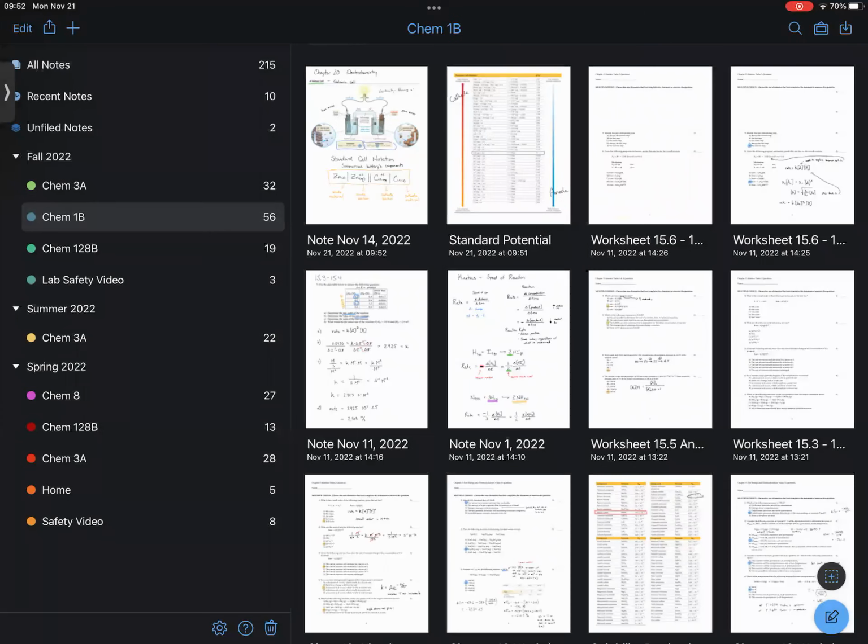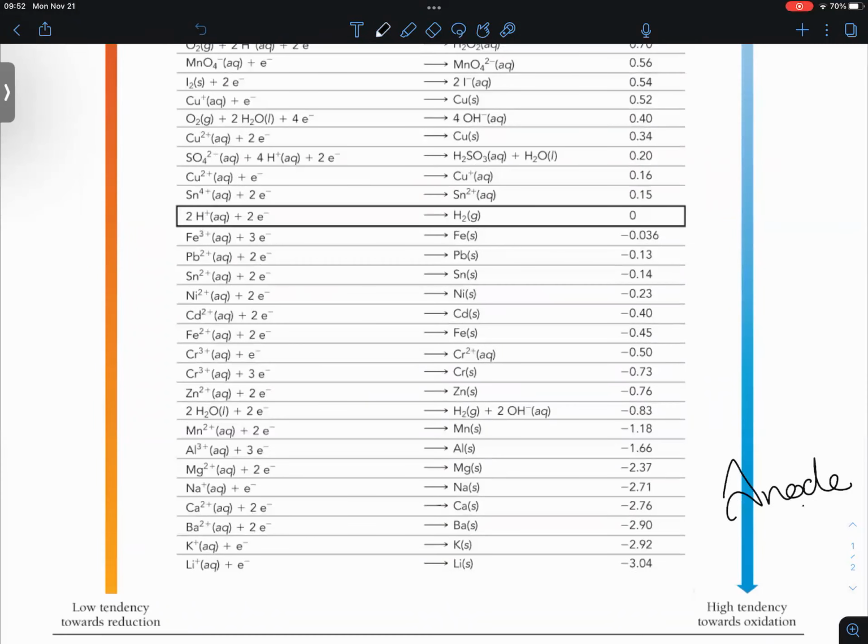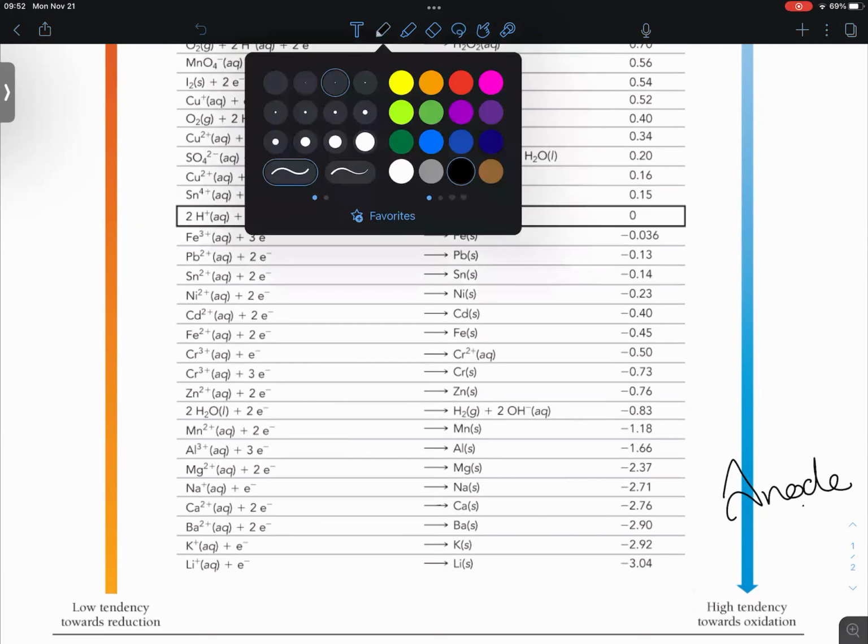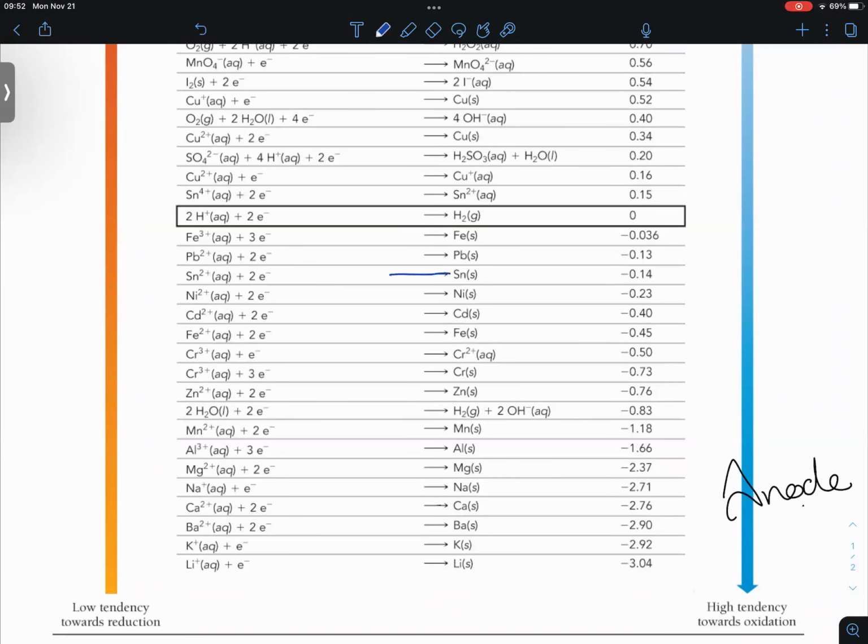And then my anode, I'm going to scan from the bottom up to try to find that one because those reactions are more favorable at the anode. In this case here is my tin. Oh, and I guess real quick, when we're looking for the oxidation reaction, remember we're actually looking in the reverse direction because the only thing that's listed are reduction reactions.